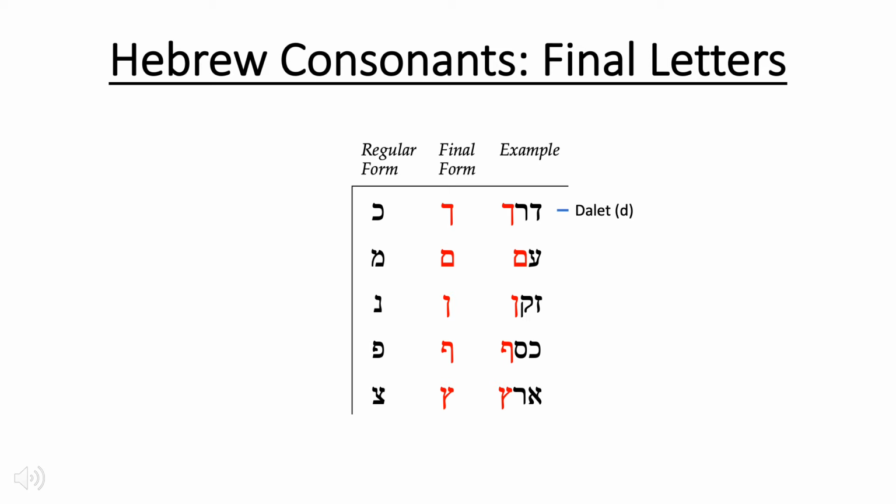Final Kaf is also convenient in that it will usually have a symbol inside of the Kaf, which is not shown here, but this also will help you differentiate between Kaf and Dalet. Just remember that final Kaf, final Nun, final Pe, and final Tzadeh have that line, that foot, that extends below the line. Final Mem simply becomes more of a block version of the letter Mem as it appears in the middle of a word.